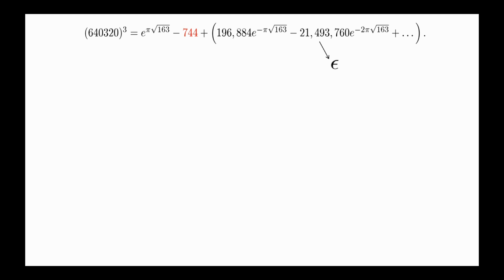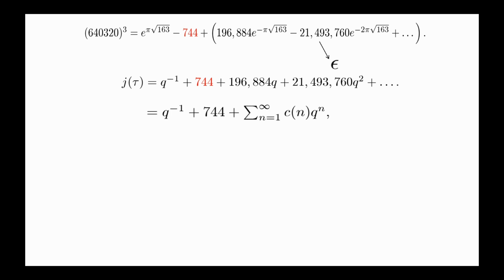The reason for this is that if you denote the coefficient of the j function by c of n, then c of n is asymptotically equal to this expression as n goes to infinity.